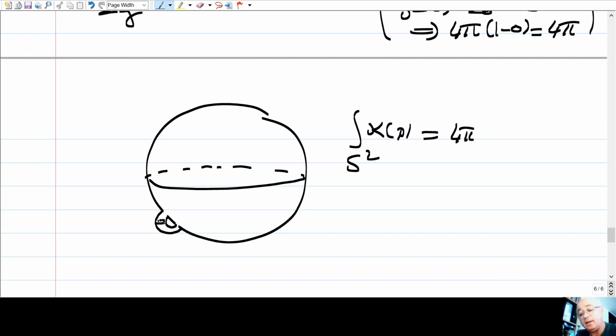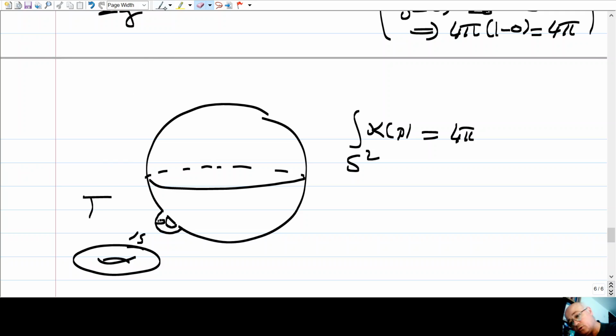Once you put a handle like this, the surface becomes a torus now.